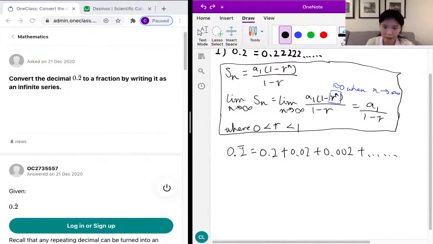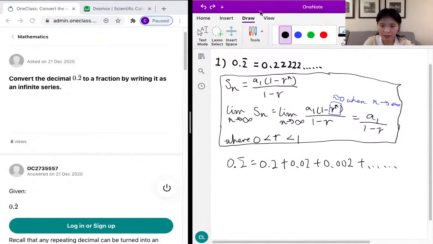We can write 0.2222 in the form of this, and they have the same value. The first term of the geometric series is just 0.2. And the factor between the next term and the previous term is, in fraction form, 1/10.